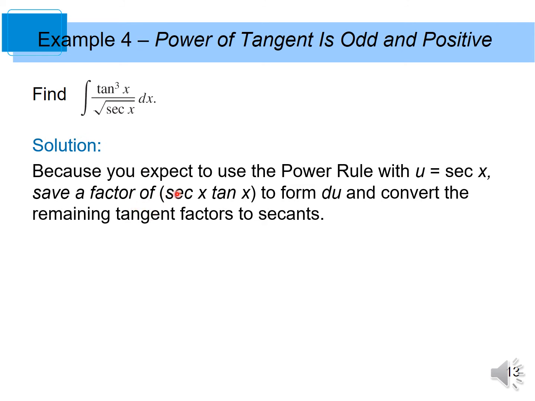Because you expect to use the power rule with u equal to secant x, save a factor of secant x tangent x to form du and convert the remaining tangent factors to secants.